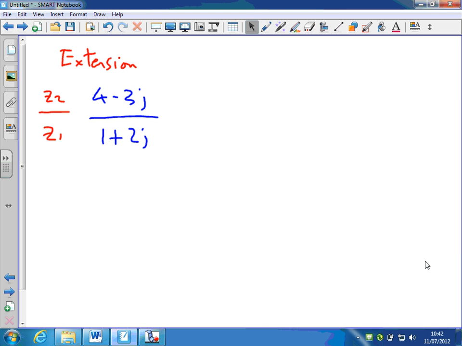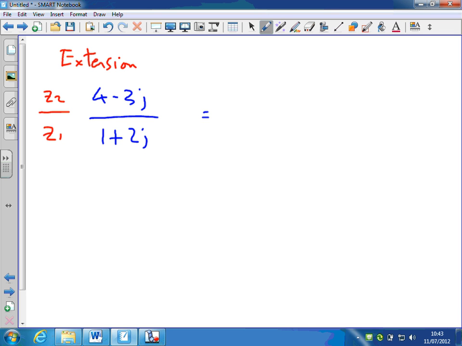Okay, now let's look at the extension question to do this division. Have a go at it. Remember, it's to do with multiplying top and bottom by the complex conjugate of the bottom number, which, as a reminder, is the same as the bottom number, only with the sign changed.